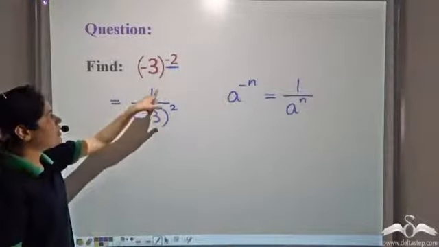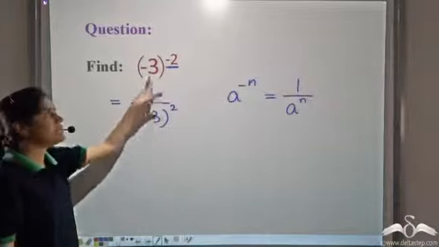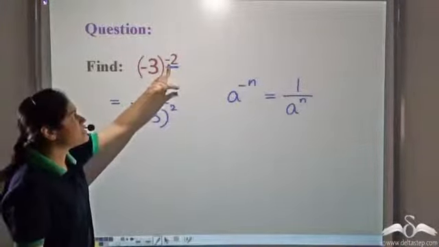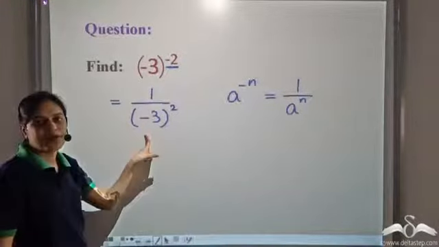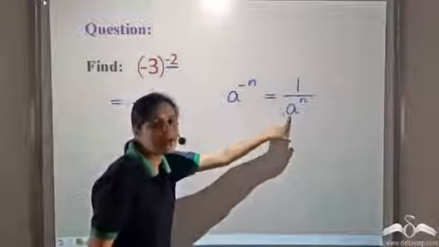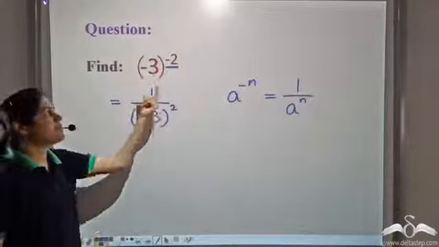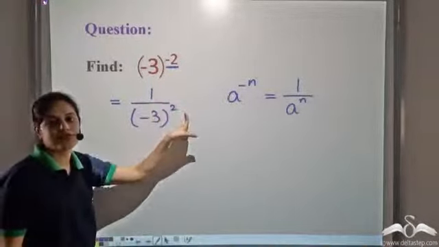Now note that the sign of the exponent changes, but the sign of the base remains the same. So this negative goes off, but this negative is still there because the base remains the same. We have a here, we have a here. So the base remains the same. Only the sign of the exponent changes.